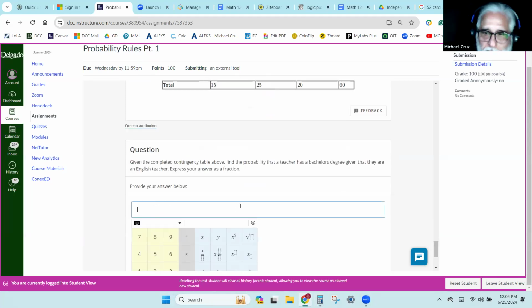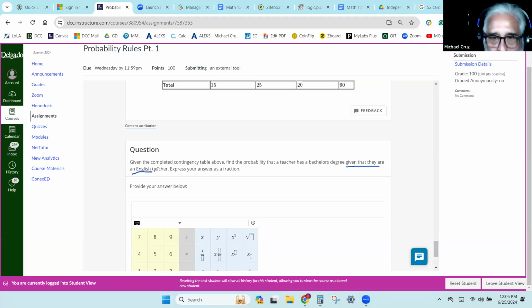All right, given the completed teacher table above, find the probability a teacher has a bachelor's degree, given that they are an English teacher. So that means we got to have the English teacher. So this is the probability of BA given English. So what goes on the bottom is the English people.